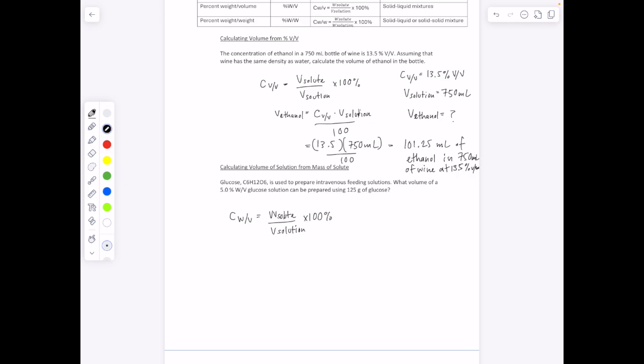We're given a concentration of 5%. We're given a weight of glucose of 125 grams. And we need to find the volume of solution required.